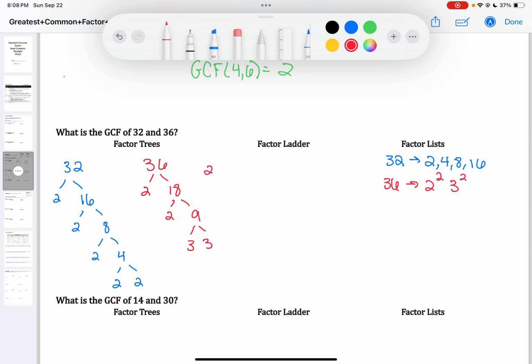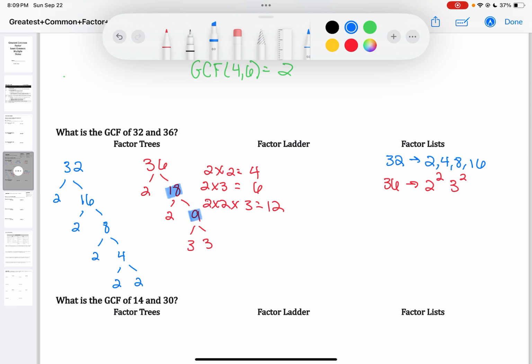So 2 times 2 is 4. That's a possible one. 2 times 3 is 6. That's another factor. 2 times 2 times 3 is 12. And then if I did 2 times 2 times 3 times 3, I would get 36. So I have 18 here as a factor.